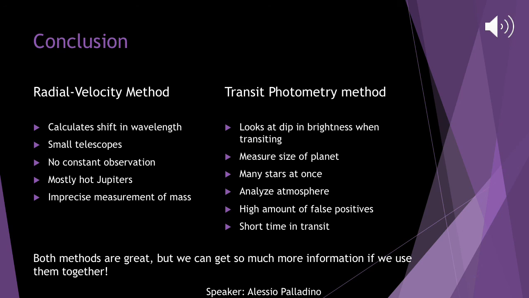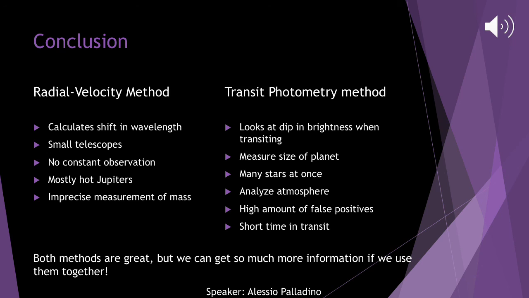Some advantages include the fact that we can use small ground-based telescopes to observe these shifts, and that we do not need to observe the stars constantly. The disadvantages are that this method is most useful to detect hot Jupiters, and that it cannot give a precise measurement of the mass of an orbiting object.